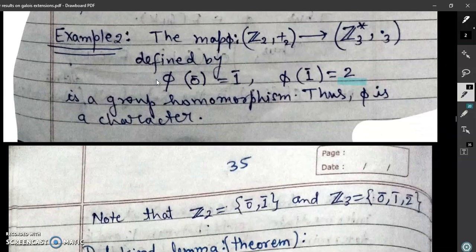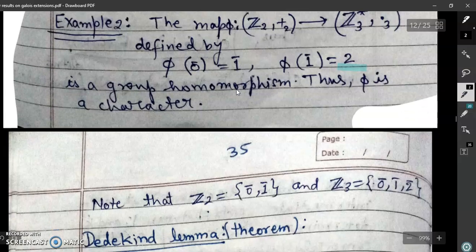Another example is phi from Z2 into Z3 star defined by phi of 0 bar is equal to 1 bar and phi of 1 bar is equal to 2 bar, because elements of Z3 are residue classes modulo n.